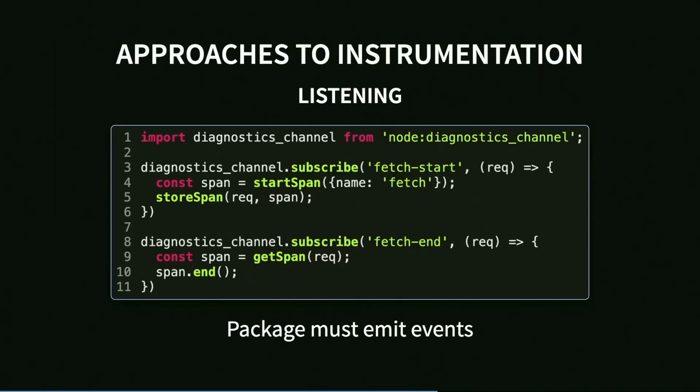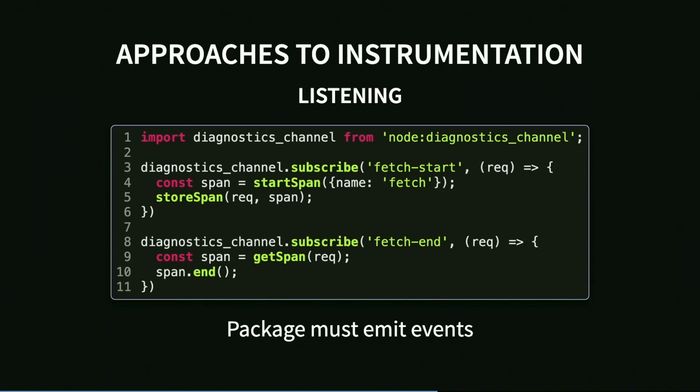So when we talk about instrumentation, there are two fundamental approaches in how instrumentation libraries like OpenTelemetry can actually get their data. The first one is what I call kind of the listening approach, which really means just that the instrumentation can listen to some signal that the library or the framework or whatever we want to observe emits.